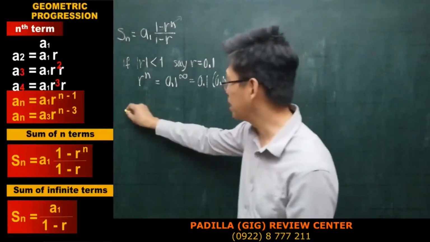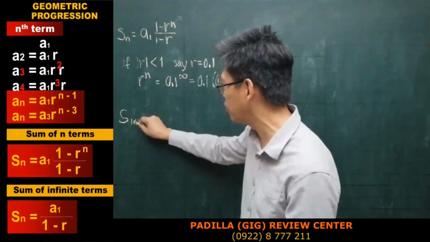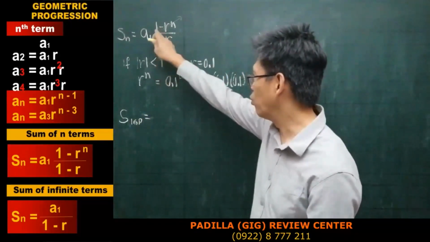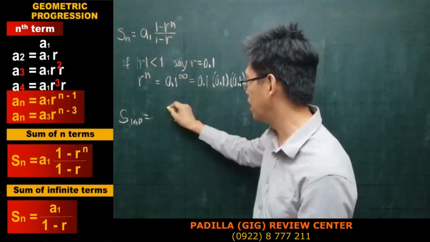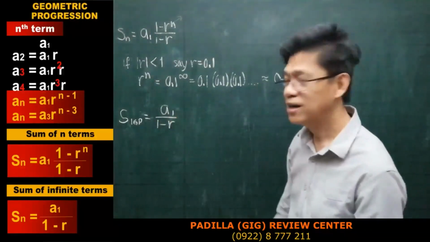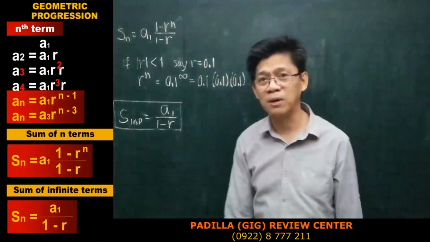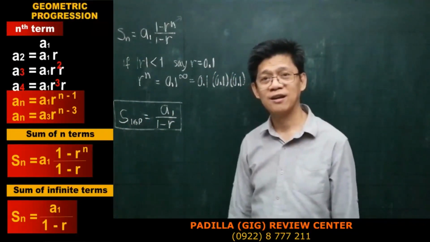So, the formula becomes S of infinite geometric progression is 1 minus 0 times A1 over 1 minus R.